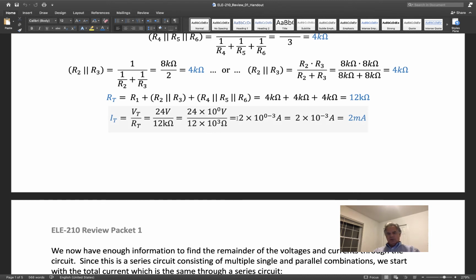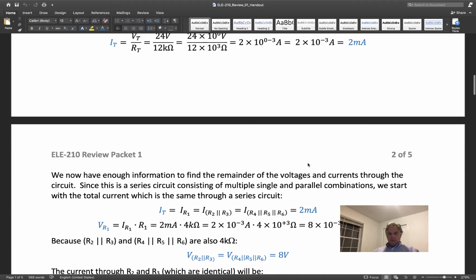Well, 24 over 12 gives us 2. And then when we divide, we subtract the exponents of 10. So we have 10 to the 0 minus 3, or 10 to the minus 3 here. So I have 2 times 10 to the minus 3 amperes. And 10 to the minus 3 is 1,000ths, or milli, and so the answer is 2 milliamperes. So our total current is 2 milliamperes.